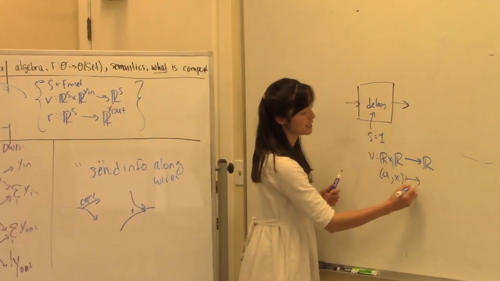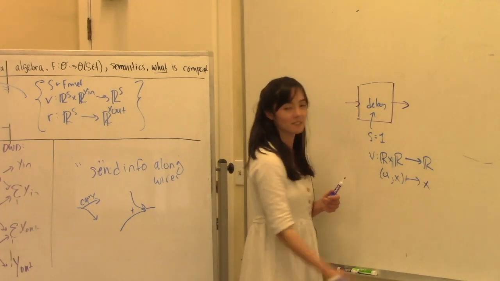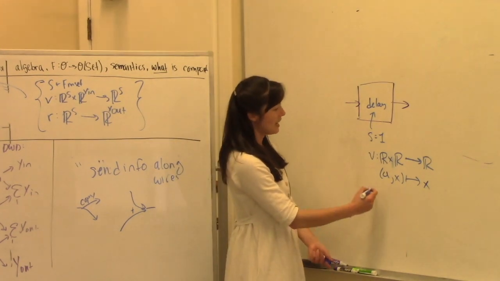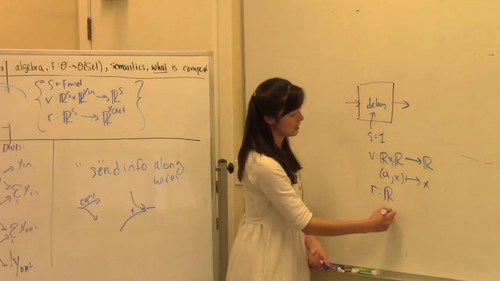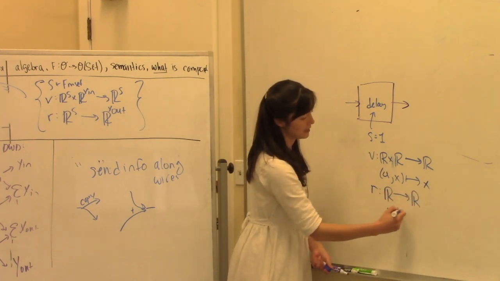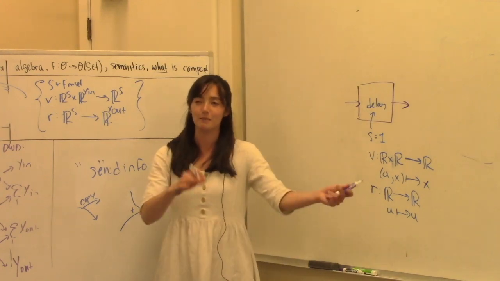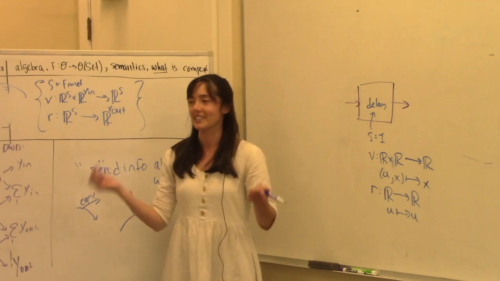I'm going to forget about my current state and just copy what I see. Someone sends me information, I just remember it. And the readout, given a state, has to give you an output, and I'm just going to tell you my state. If you ask me for my information, I tell you my state. If you give me something, I throw away my current state and remember it.